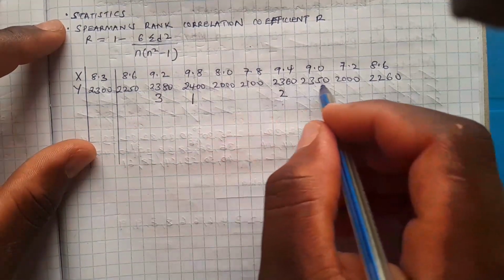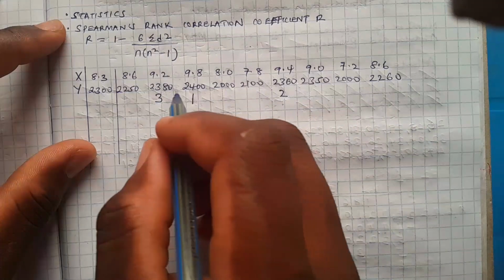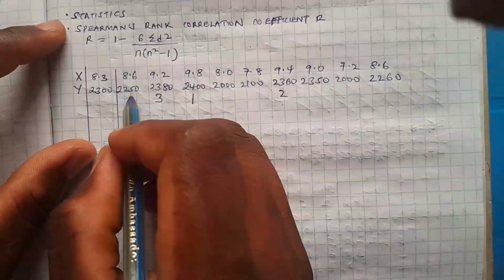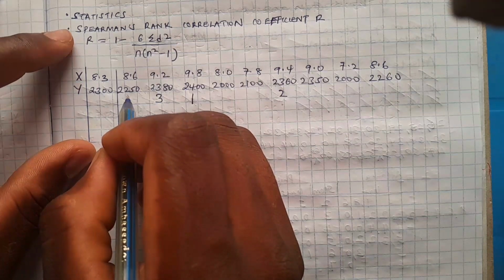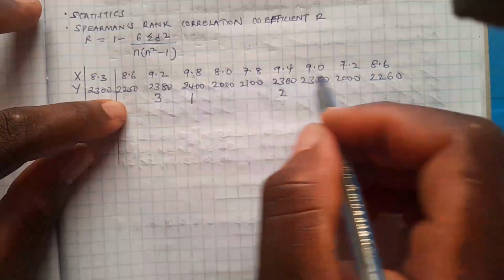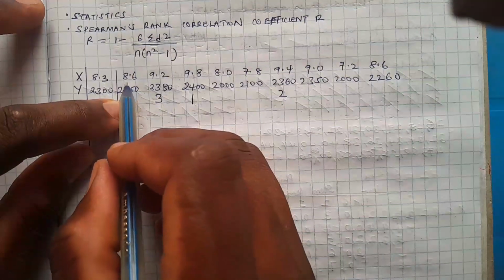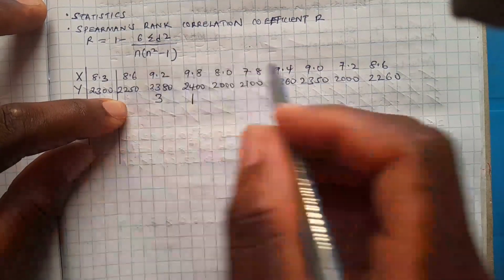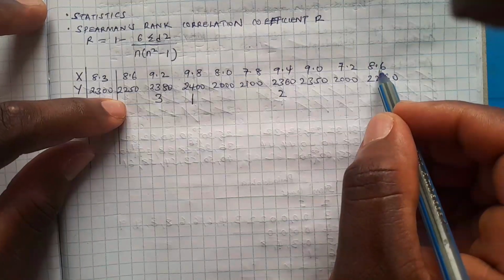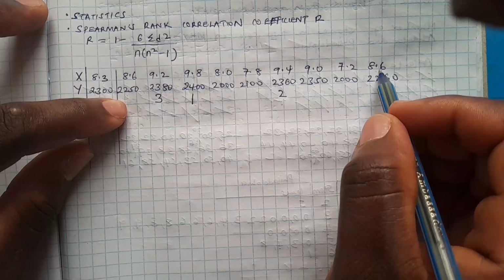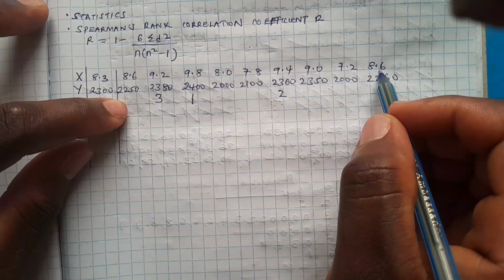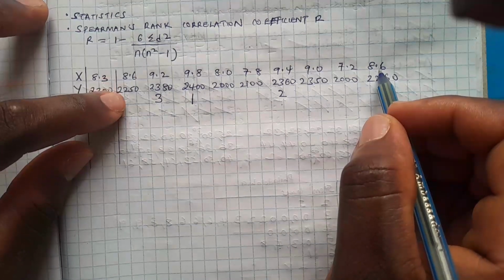As we continue, we find out that the next one is 8.6. 8.6 will have the fourth rank. We also have another 8.6. Now this would have occupied the fifth rank. What you do when you have data entries that are similar, you look at the ranks that they are supposed to occupy, that is the fourth rank and the fifth rank.